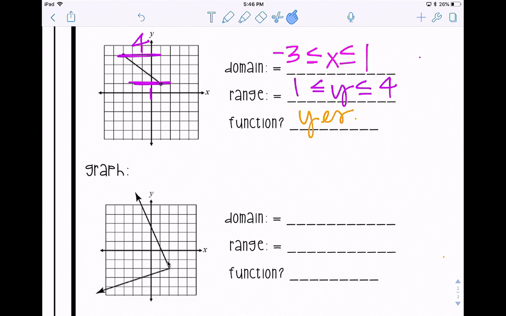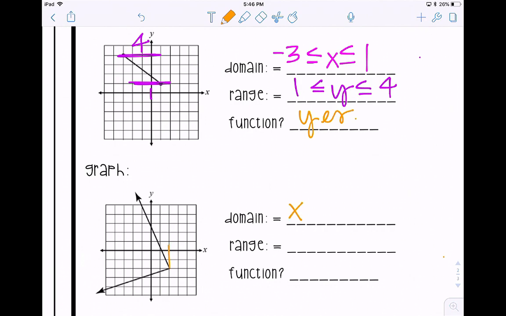So this one I have a starting point, but I don't really have an ending point. When that is the case, it's not like this where I have two clear ends. I'm going to write an inequality, but it's not going to look like this. It's going to be just the variable with one symbol. So I'll show you what that looks like. It's going to be x, right? Domain is x.